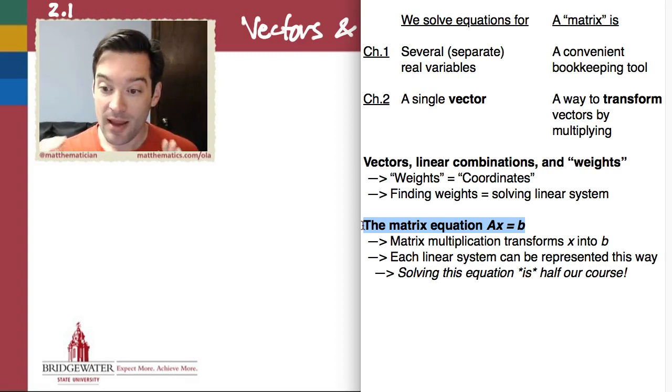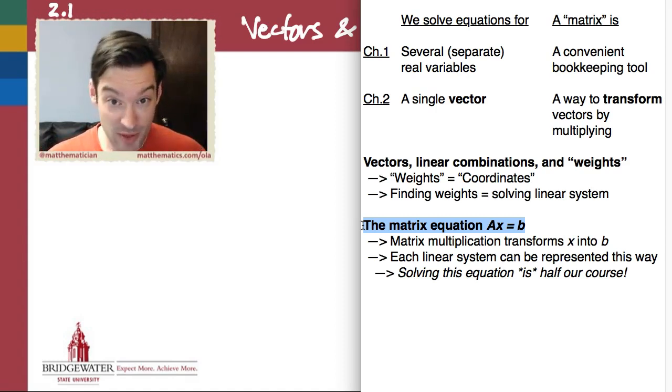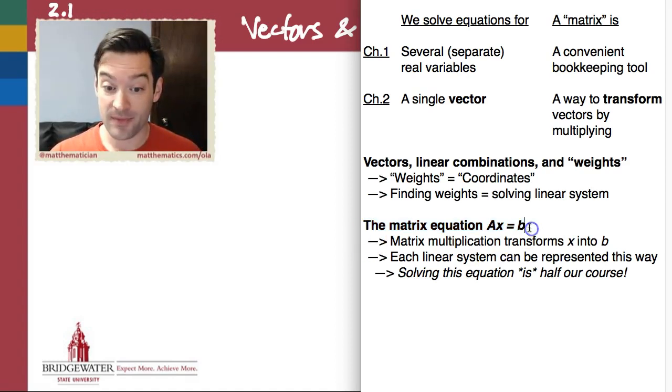And so every linear system of equations, and therefore pretty much every question that we can ask and answer in linear algebra, is related to a matrix vector equation, Ax = b. In a real sense, everything that we do this semester is about solving this equation: A times x equals b, where A is a matrix, x is an unknown vector, and b is a known vector.